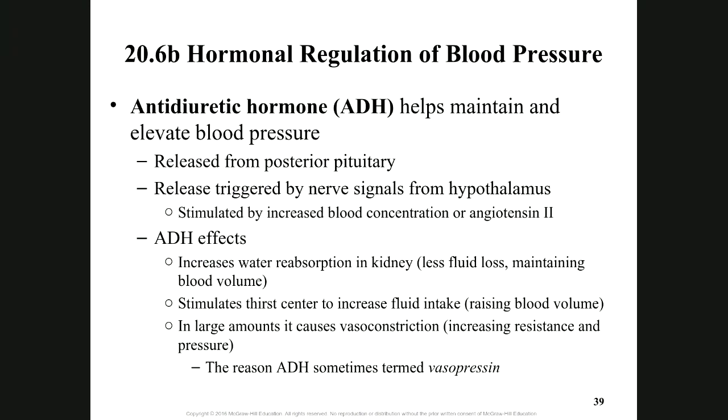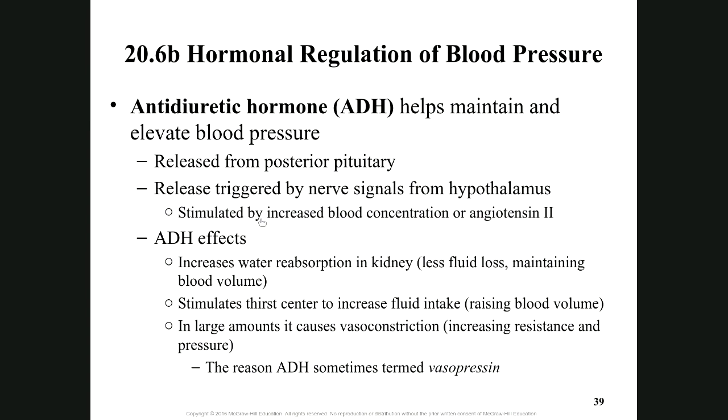The other hormone which works in this part is anti-diuretic hormone. The anti-diuretic hormone helps maintain and elevate the blood pressure. It is released from the posterior pituitary gland and release is triggered by nerve signals from hypothalamus, and it's stimulated by increased blood concentration of angiotensin 2.